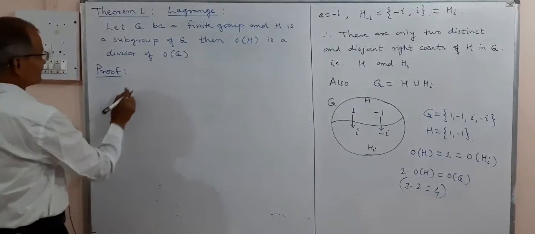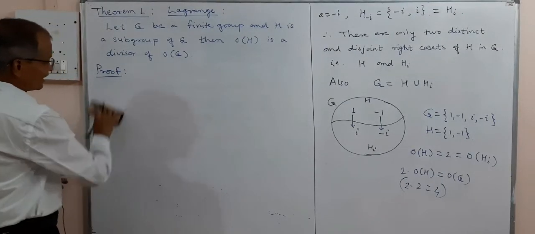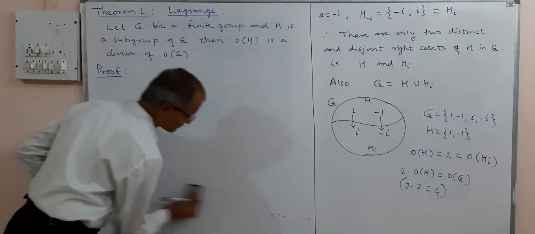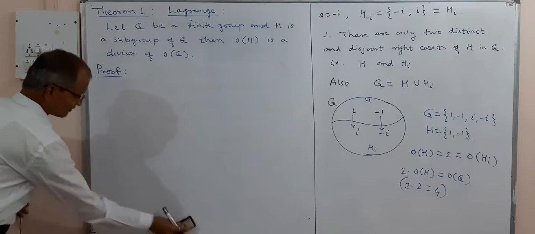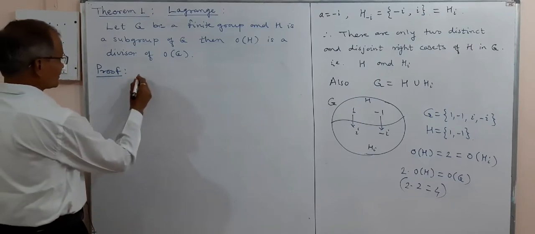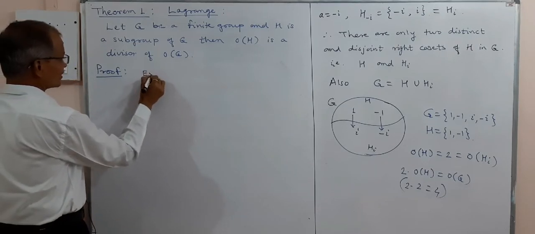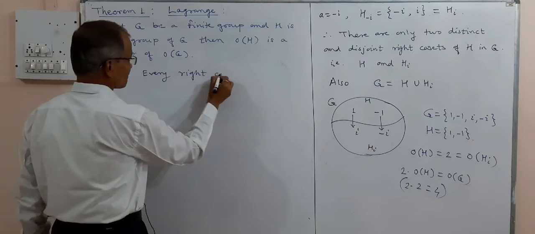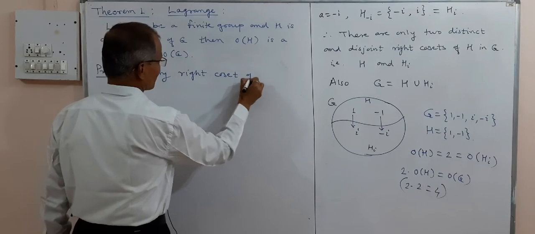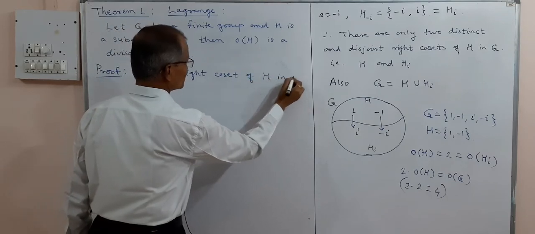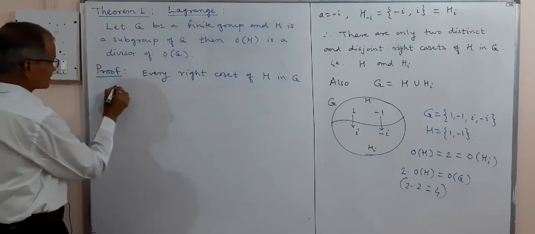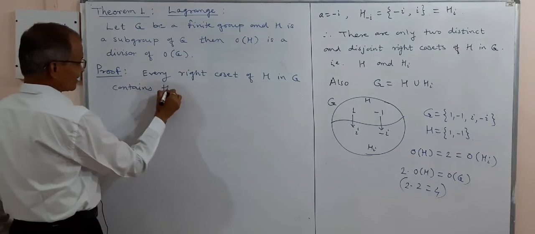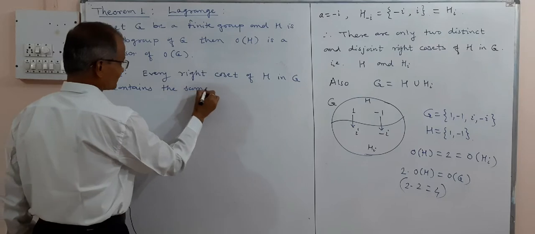Now we know there is a one-to-one correspondence between any 2 right cosets. So every right coset of H in G contains the same number of elements.